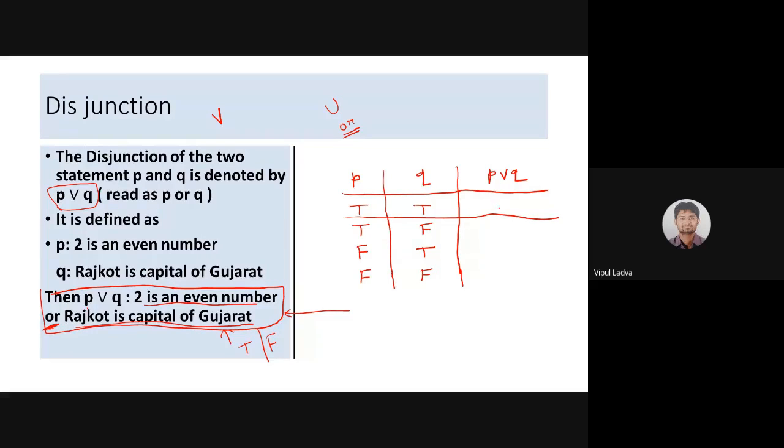Now in the first case, if both the statements are true, then the truth value of P or Q will be... Mohammed, unmute yourself. Be with me. Mohammed, are you there? Okay, Meghna, unmute yourself, dear.